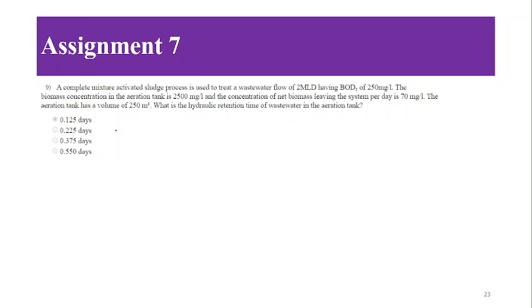So here you know the flow rate, which is 2 MLD, which is 2 into 10 to power 6 liter per day.